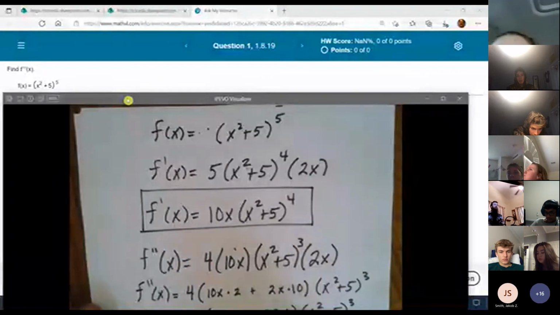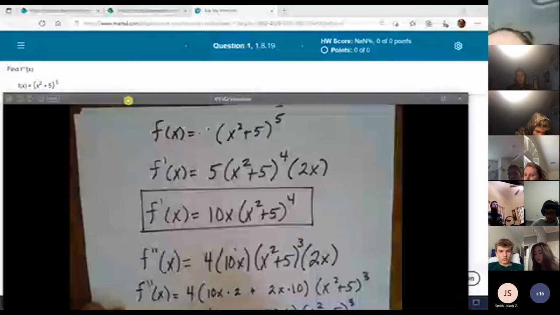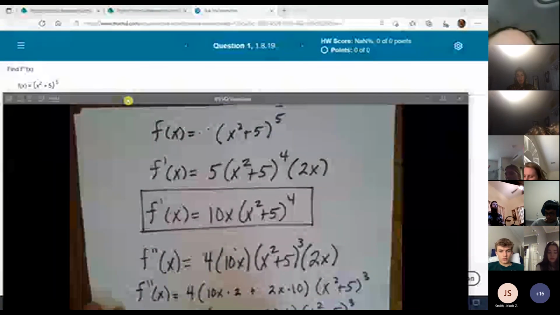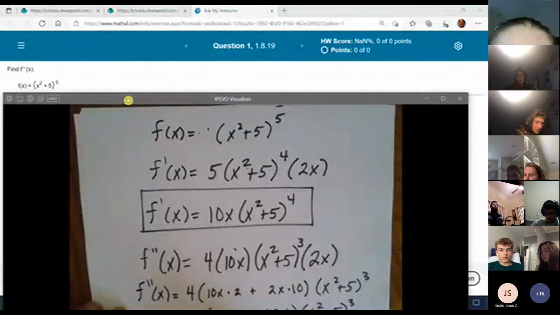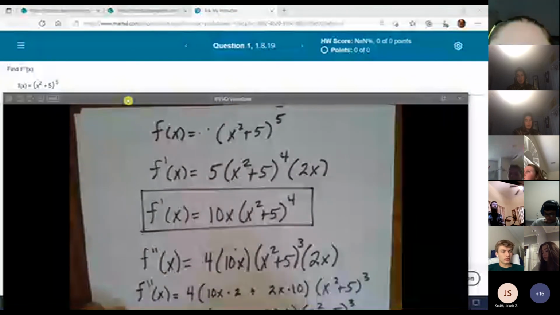Well, I got a little bit different answer. F double prime of x is 20 plus 20 is 40x. So that'd be 160x times x squared plus 5 to the third power.